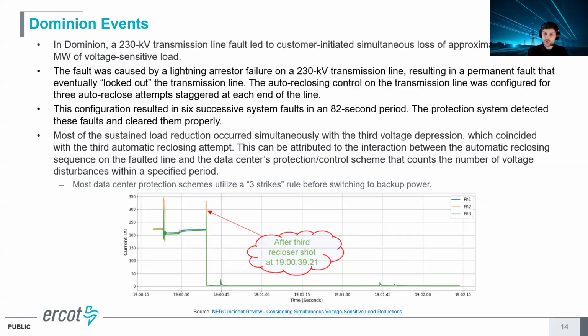So after the 3rd reclosing attempt, a lot of load tripped off. Most data centers use a 3 strikes rule before switching to backup power, and that's something you need to think about, and that's something we as an industry also need to talk a bit more about, figure out how are our protection system settings impacting load, and can that cause load to drop off.